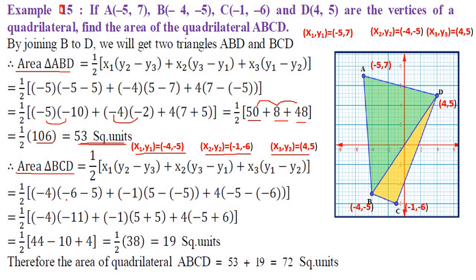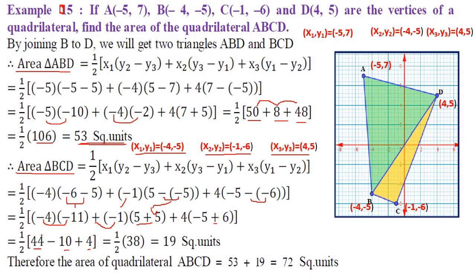Half into -4 into (-6 minus 5 is -11), then -1 as it is, then 5 minus 5 is 0, then 4 into (5 minus -6), minus into minus is plus, so it becomes 11. So this is equal to half into, minus into minus is plus, 4 elevens are 44, plus 0, then plus 4 into 11, which is 44.